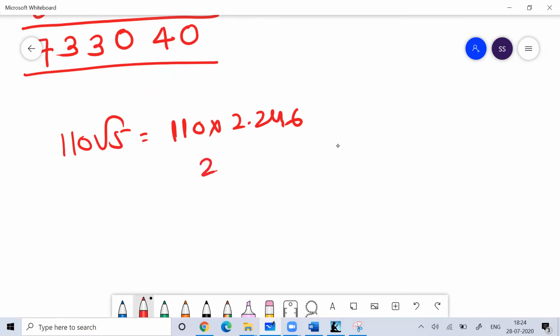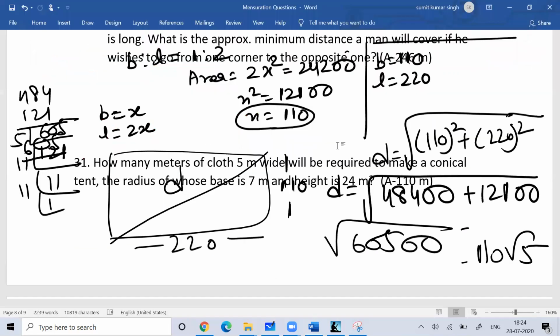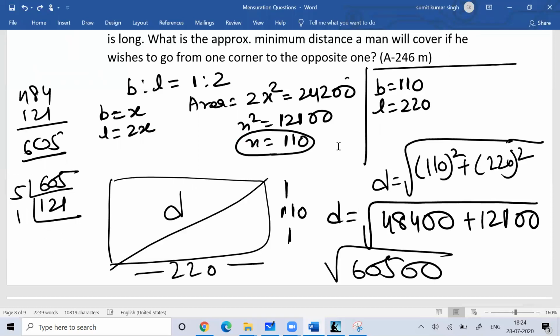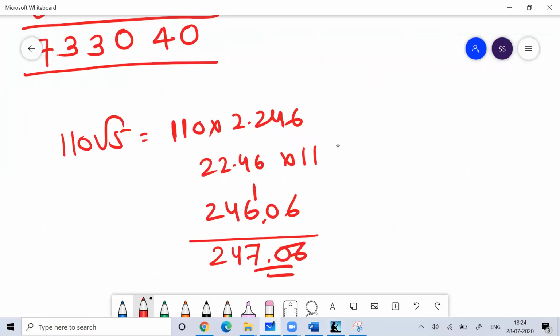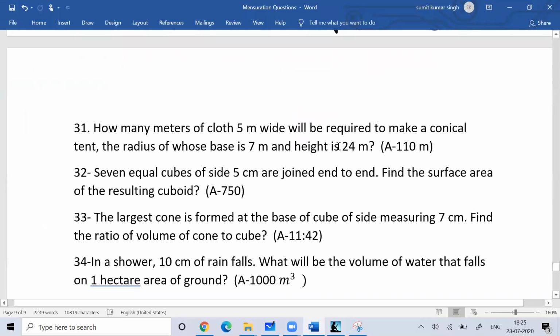So if you want 22.46 into 11, the answer would be 247.06. I'm getting 247.06, so you can see approximately the same answer.